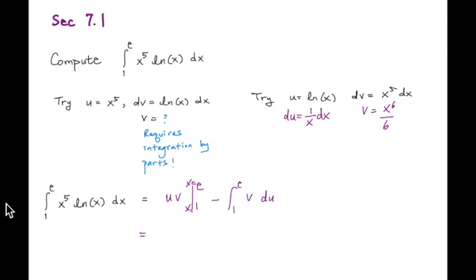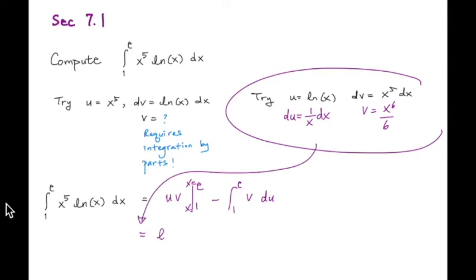And I said that my u is the natural log, and then my v is x to the 6 over 6, and my du is 1 over x dx. So I have x to the 5th over 6 dx.